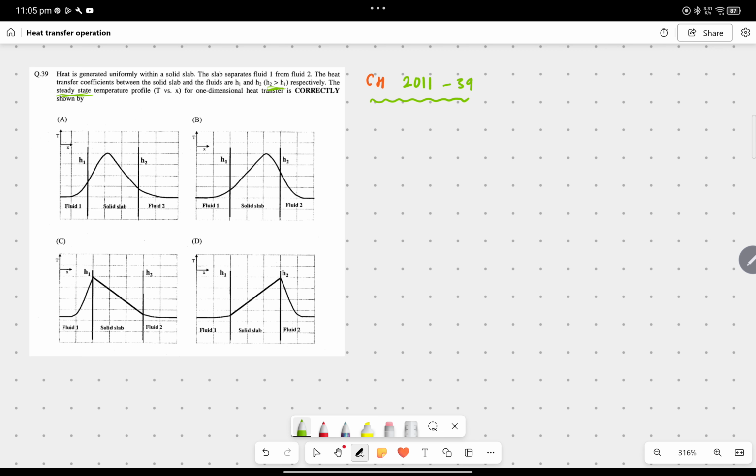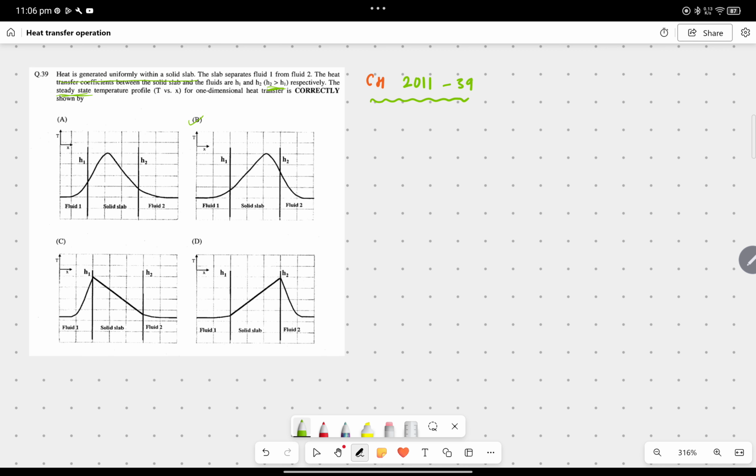So this is the graph, and you have to tell which graph is representing the steady state heat transfer in a uniformly heat generating source, in the best possible way.